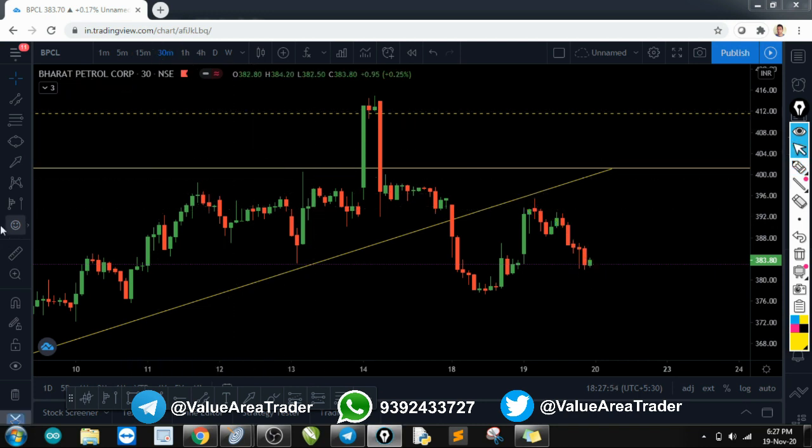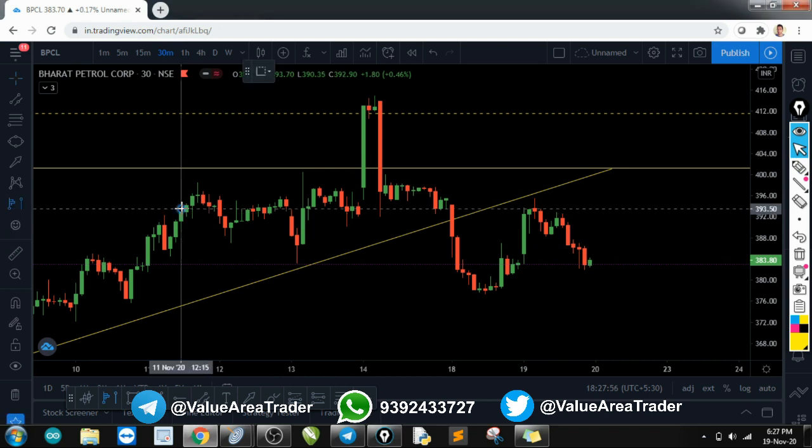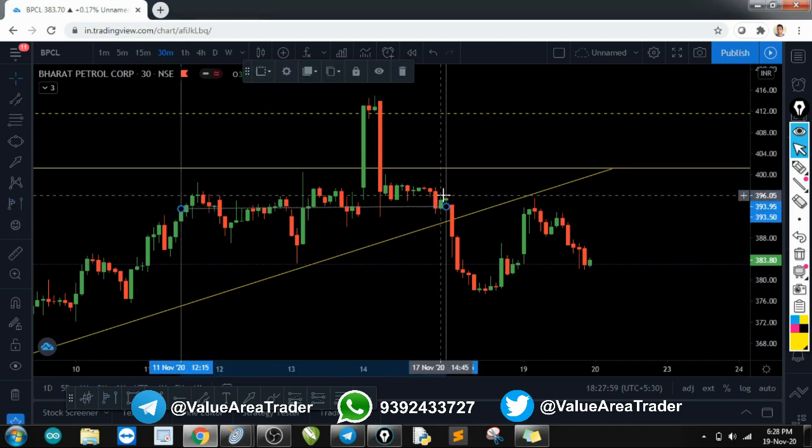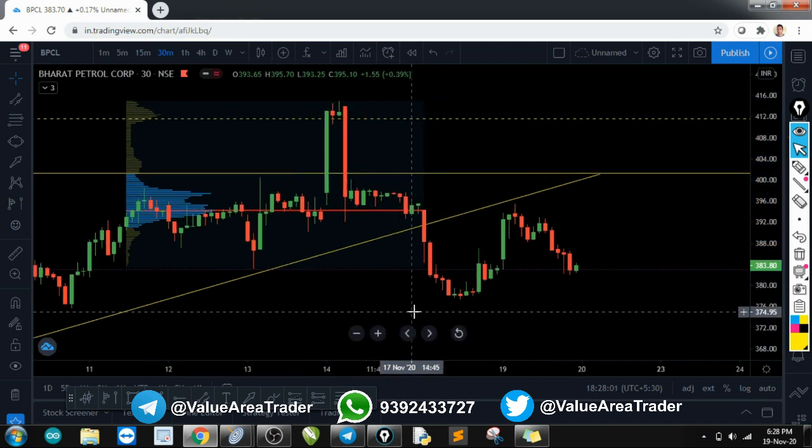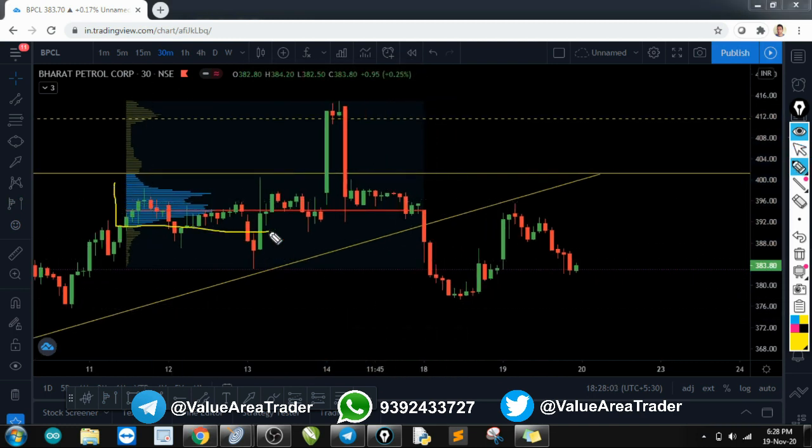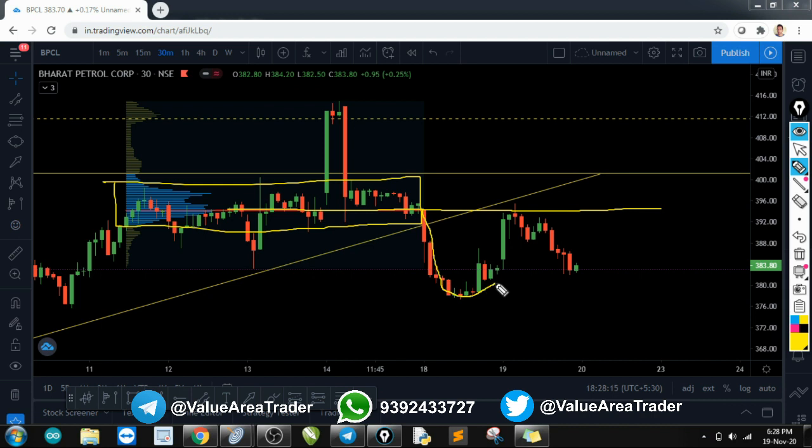Okay, now what I have done is I have just put a profile here till this moment, correct? And now you know that within this area a lot of positions were built, and the POC of those positions was here, the red line. And if I extend that point here, you can clearly see the price went down, went up, and retested this POC, and it failed, and then you can see the move down.